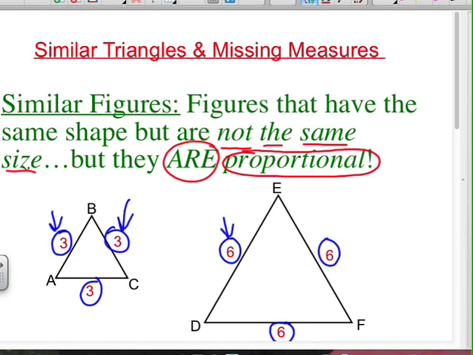And over here that's a 3 and this is a 6, that's twice as big. And down here that's a 3 and this one's a 6 and that's twice as big. So this is proportional. The big triangle is twice as big as the small triangle. It is in fact like a mini-me.